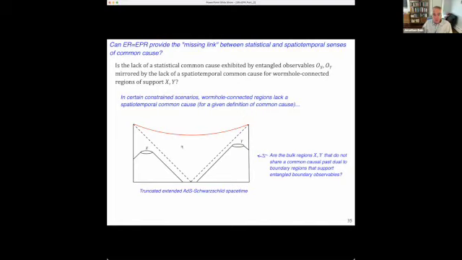So for contrived examples, right, we can provide a missing link between statistical and spatiotemporal senses of common cause in terms of ER equals EPR. But the question is, does this hold for more general scenarios?